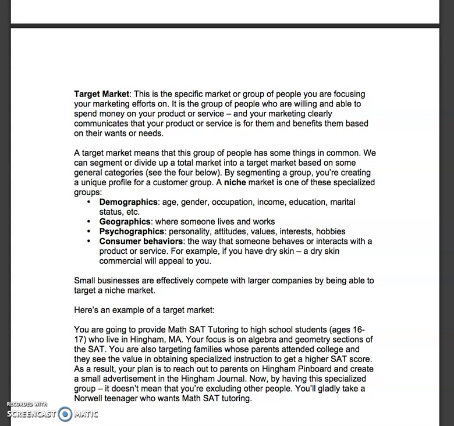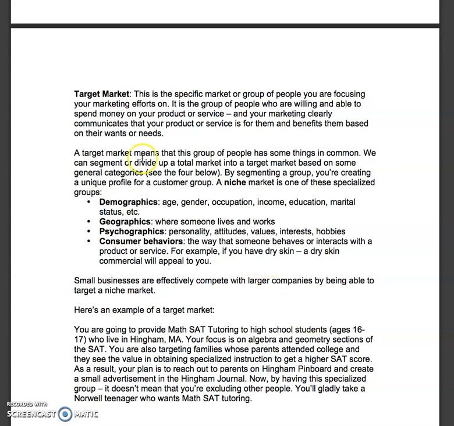So a target market is a specific group of people or businesses that you're trying to focus your marketing efforts on. Now, this doesn't mean that someone outside of your target market can't buy your product. Of course they can. But we can't just try to focus on everyone, because it makes it difficult to answer the question, how do you reach everyone?